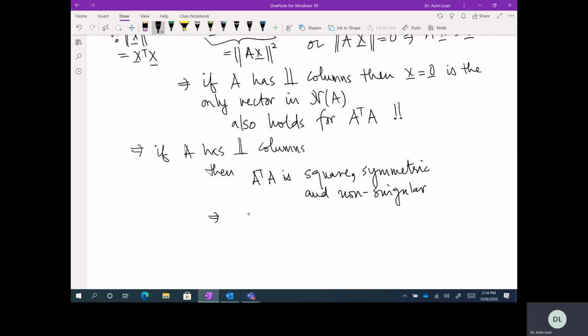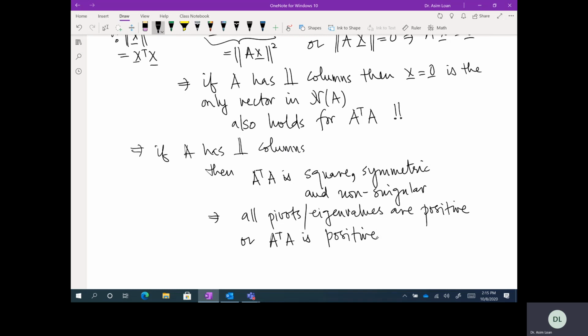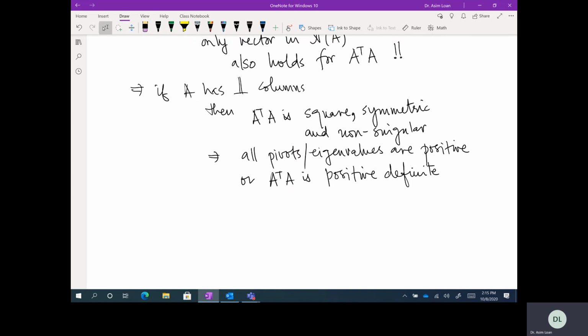This implies all pivots and eigenvalues are positive, or A transpose A is positive definite. We need to wait until chapter 6 to know what positive definite is. A positive definite matrix is simply one whose determinant is greater than 0. If it includes 0, then it's positive semi-definite.